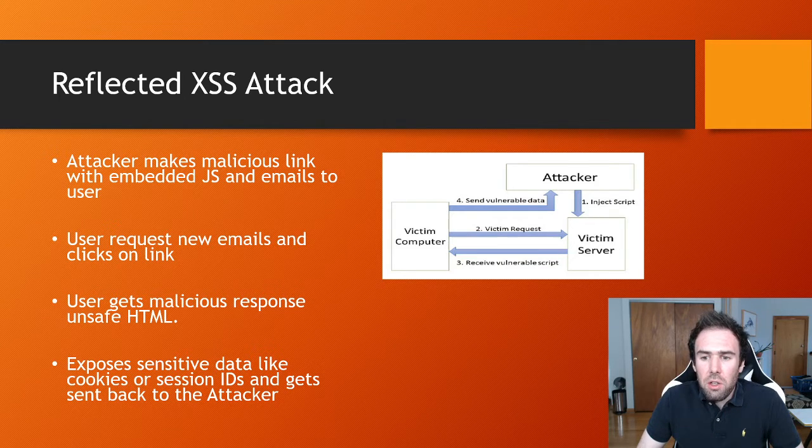That location elicits a response, and that response gets sent back to your computer. And what it does is, since you've clicked on it from the session that you were in, it has access to that information, so it can expose data about the cookies that are associated with that service and or session IDs.